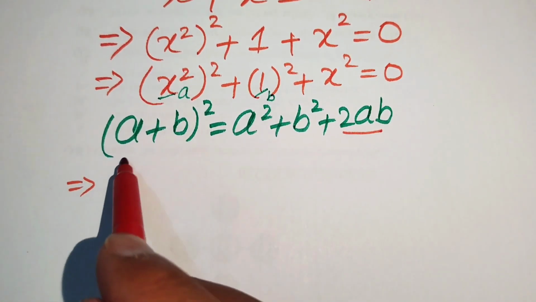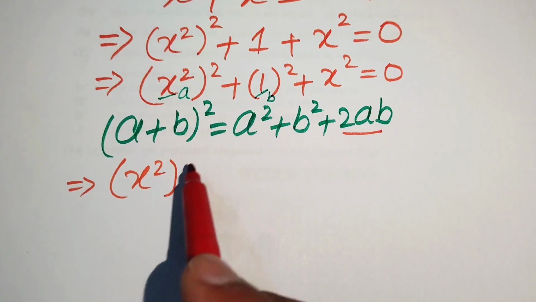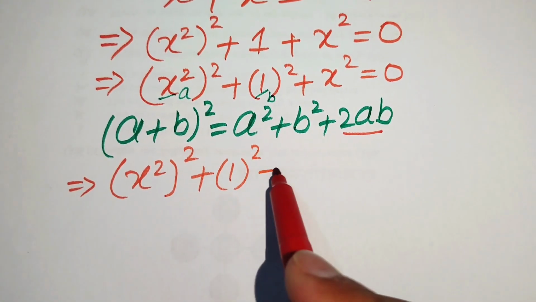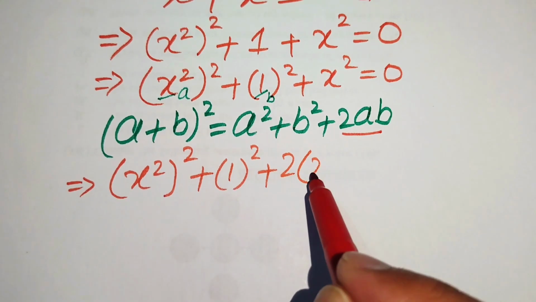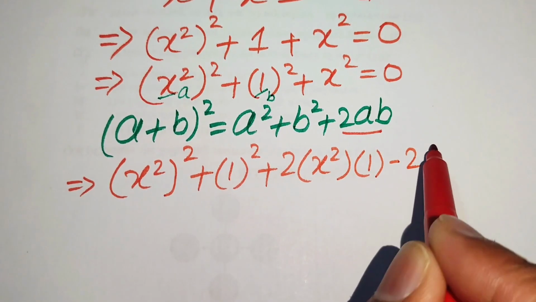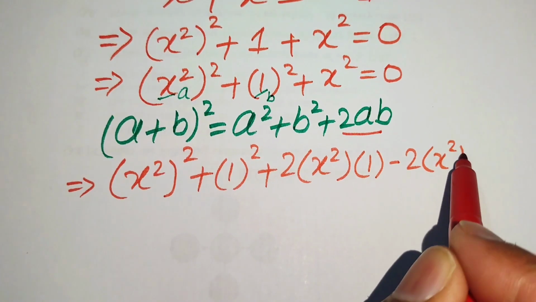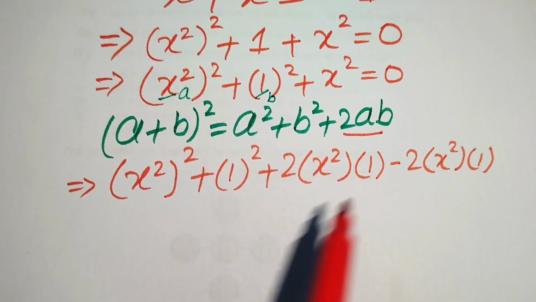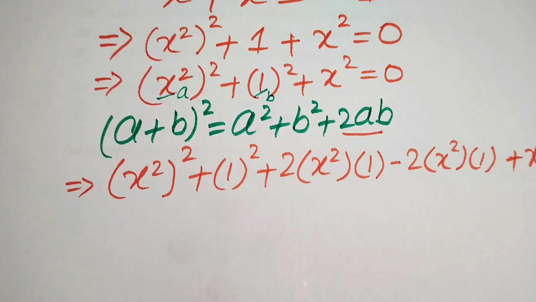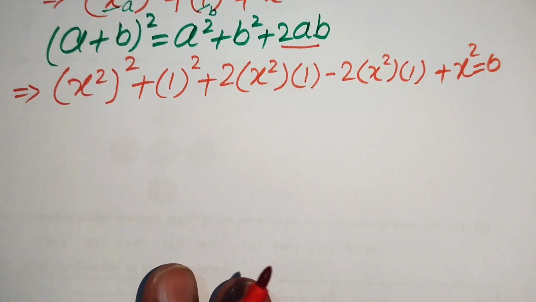So here we write this equation as (x^2)^2 + 1^2 + 2 times x^2 into 1, minus 2 times x^2 into 1, and this is our plus x^2, and this whole equation equals 0.